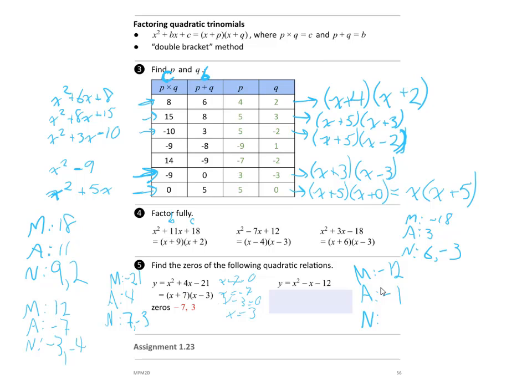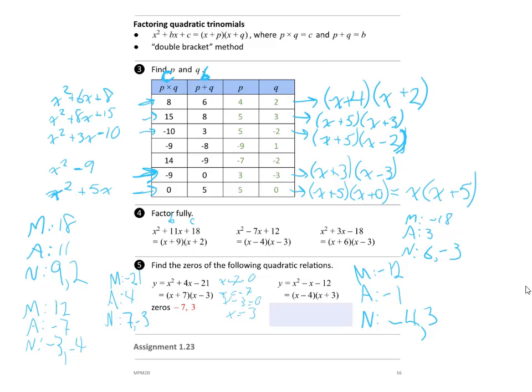Keep in mind the factors of 12 are 1, 2, 3, 4, 6, and 12. And because the multiplication's negative, one's going to be negative, one's going to be positive. If you said negative 4 and 3, then you are correct. When you factor it, you get negative 4 and positive 3 in the brackets.